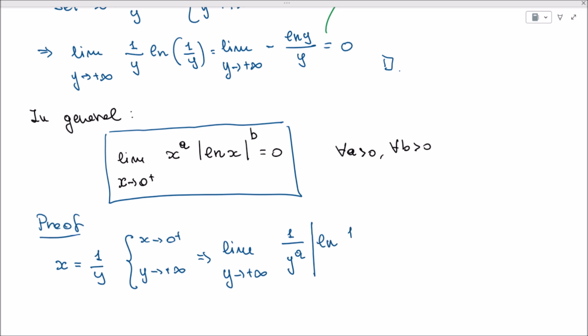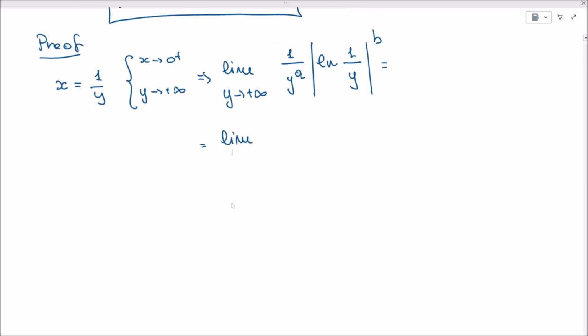Instead of x, we'll put 1 over y, all this raised to the b, and this is equal to the limit as y goes to plus infinity of, now using the properties of the logarithm, we can rewrite this as the logarithm of y, because the minus has been absorbed by the absolute value, all raised to the b, and then we have y to the a.